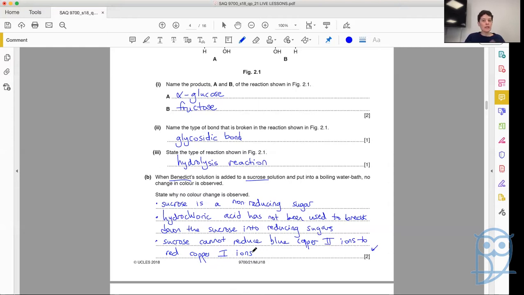Now, maybe when you were initially studying the reducing sugars test and non-reducing sugars test, you didn't pick up on this. Maybe you skipped over that bit and you thought, oh, that was a bit too much chemistry. I don't want to learn that. Thing is, there is nothing that you can't want to learn because you need to know all the information.